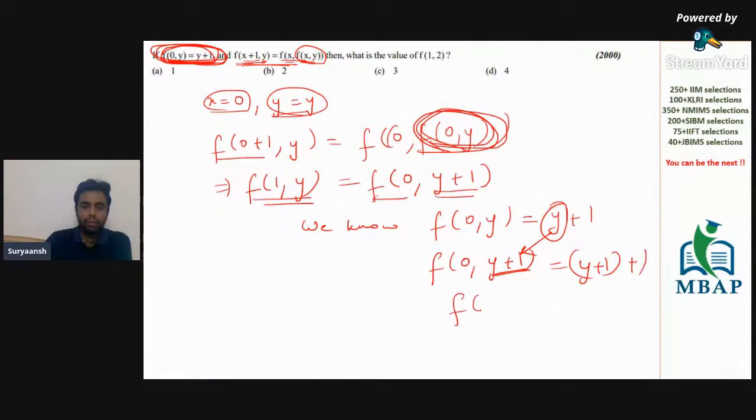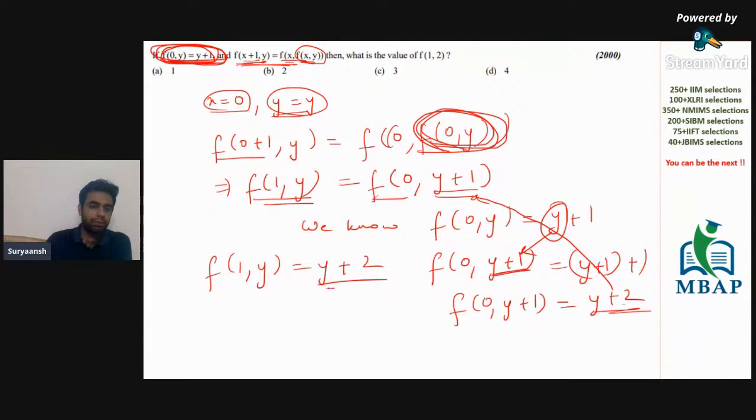So f of (0, y plus 1) would be equal to y plus 2. So we just substitute this here: f of (1, y) would be equal to y plus 2.